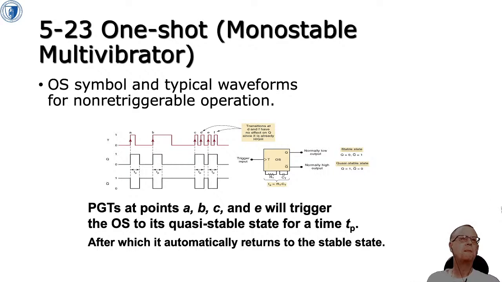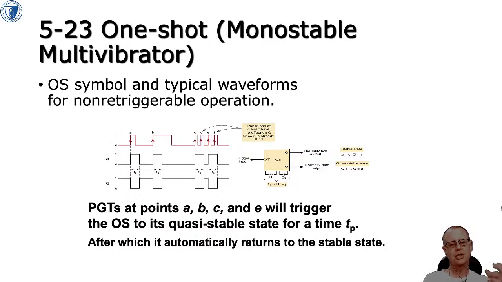So here's an example of a one-shot. And the thing with a one-shot is there's another option you have with it, which is to re-trigger, right? Some one-shots, as soon as they change state, they won't go back to the previous state.